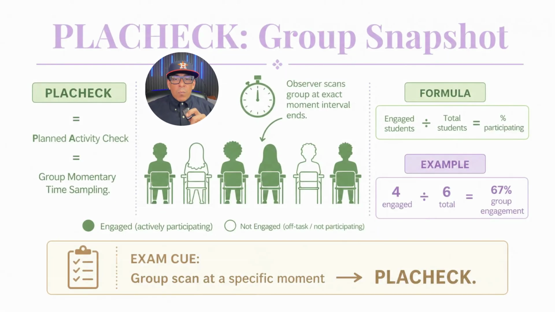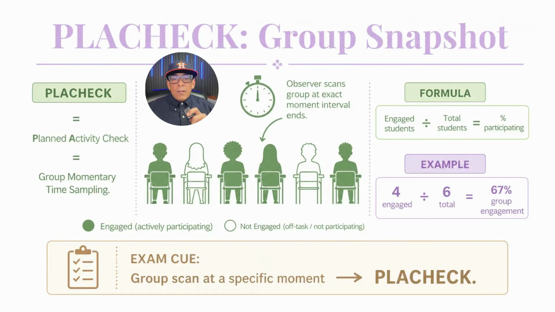Planned activity check or play check is a variation of momentary time sampling. In play check, the observer records whether each individual in a group is engaged in the target behavior. The procedure uses head counts to measure group behavior. A teacher using play check observes a group of students at the end of each time interval.